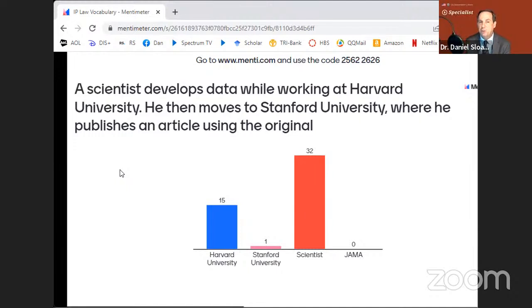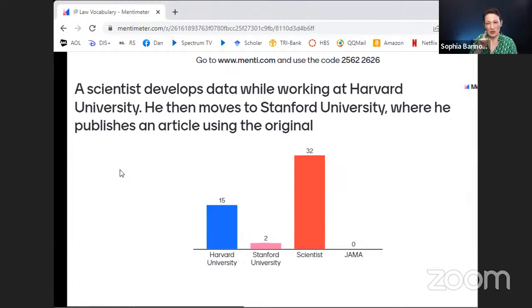Given the same situation, a scientist develops data while working at, and you could name St. Petersburg State University. We're in St. Petersburg at the moment. And he then moves to another university where he publishes an article using the original data and the original work. So who owns the intellectual property on that?